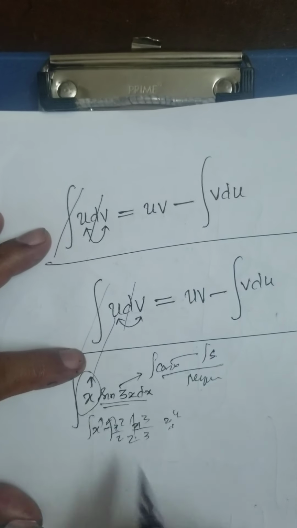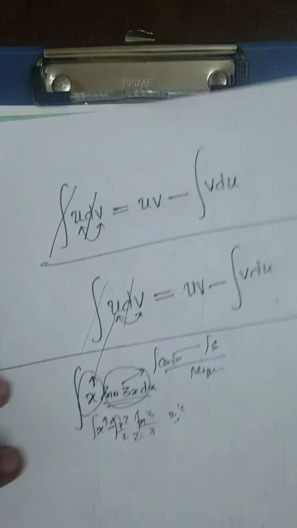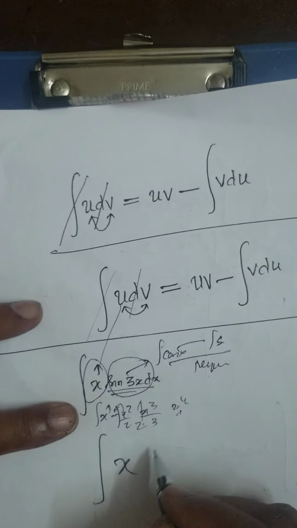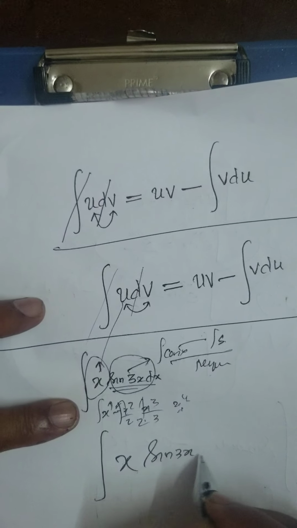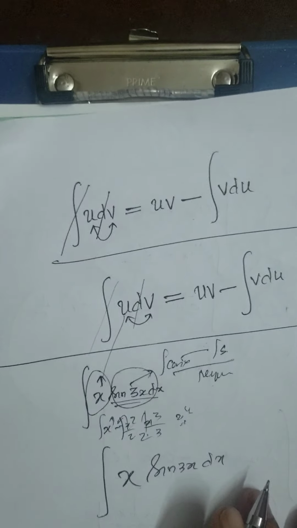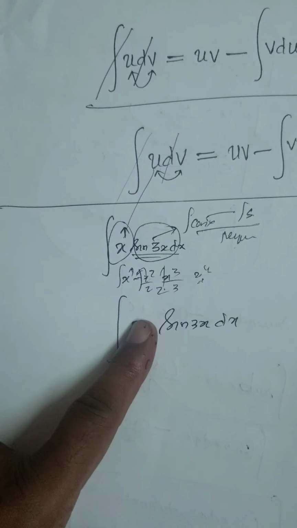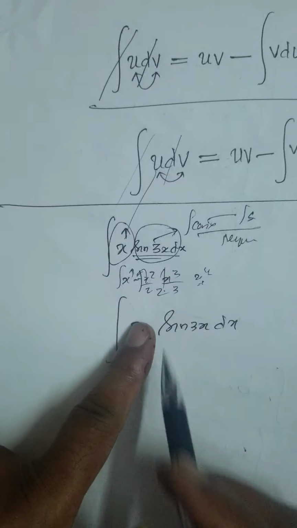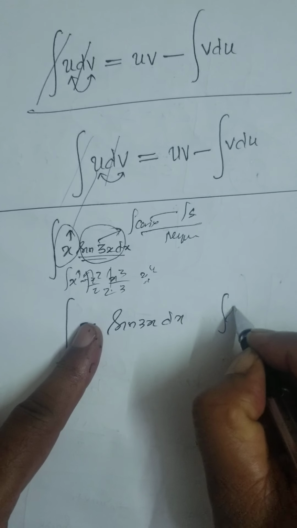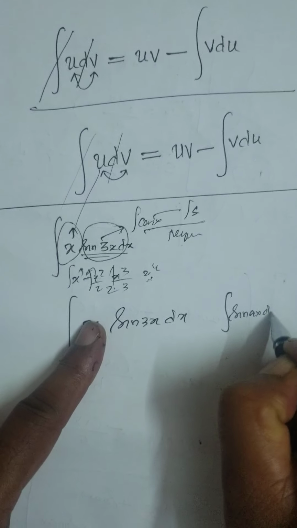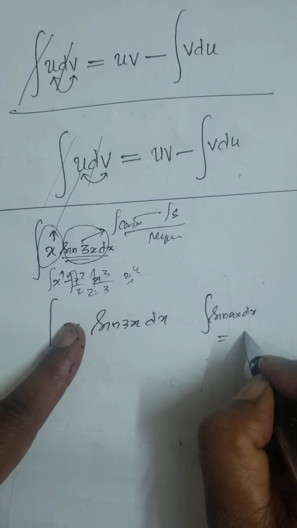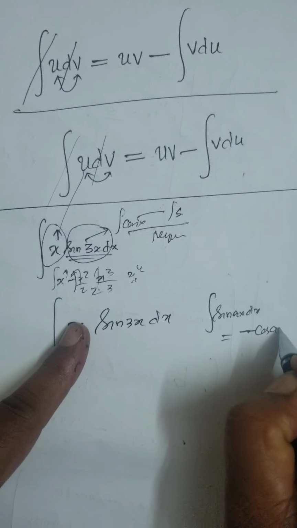Whenever an increasing function and a repeating function are there, look, x is an increasing function, sine 3x is a repeating function. What I'll do, I'll put my finger here, close this. If I put a finger here, what will happen? Integration of sin ax dx, what happens? Minus cos ax by a.